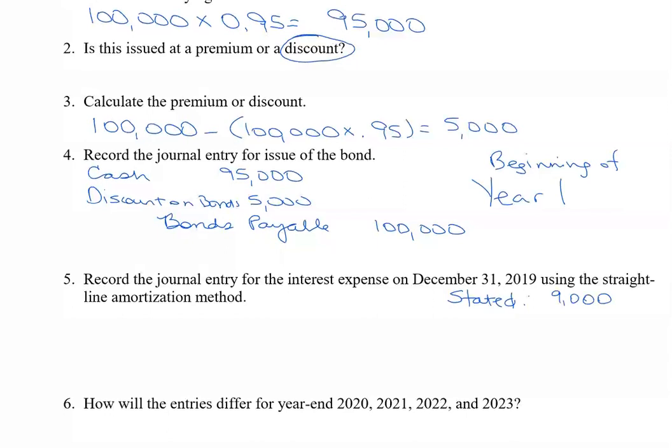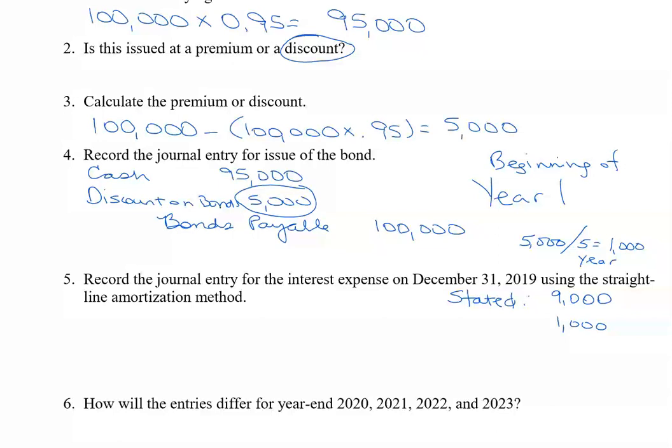But then we also need to amortize our discount, and that will affect our interest. We have a $5,000 discount, and that $5,000 over 5 years is $1,000 per year. So we'll need to include $1,000 of that amortized discount in our interest expense each year for the next 5 years.